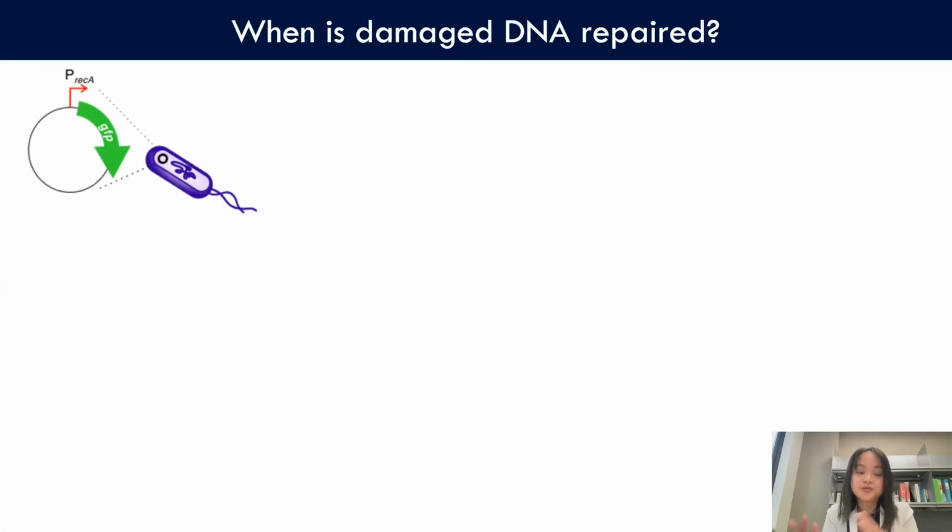So first, we treated a population of slow or non-growing culture of E. coli with levofloxacin. And after a period of treatment that would leave persisters as the sole culturable cells in the population, we diluted the antibiotics to sub-MIC levels and allowed the cells to recover in the presence of nutrients. And we monitored the expression of this recA reporter over time.